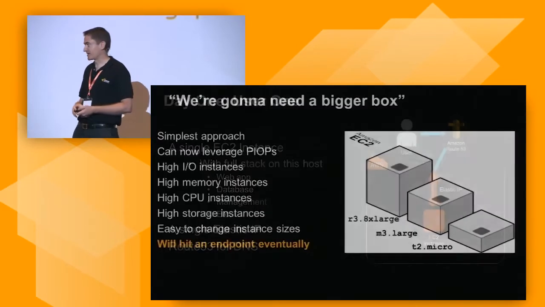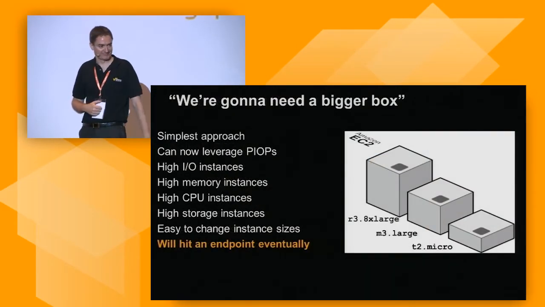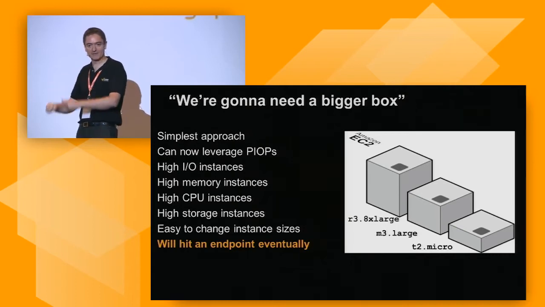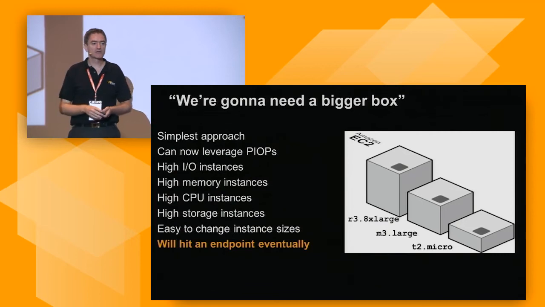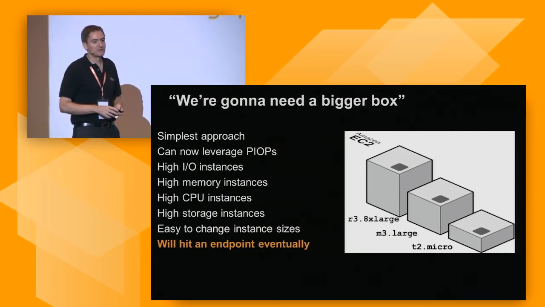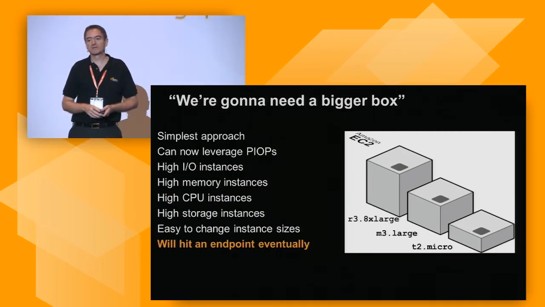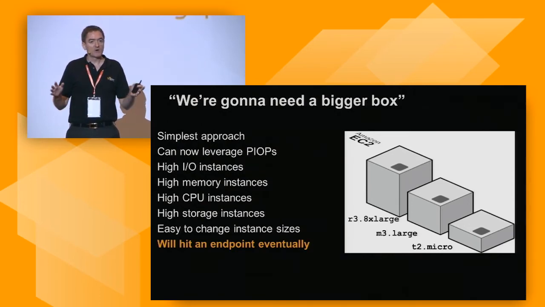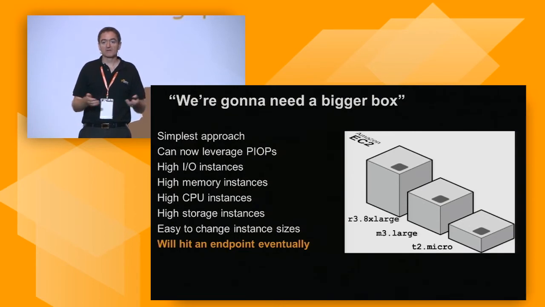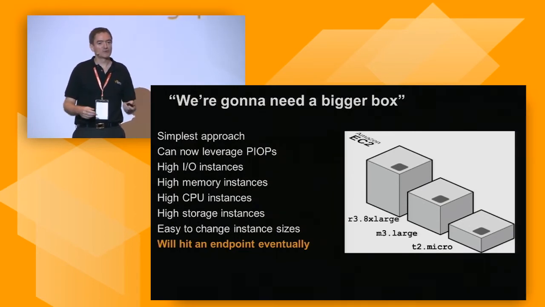Well, the first thing you say is, I'm going to need a bigger box, all right? And we've got plenty of bigger boxes, and we can go up quite a long way, something like an R3 8X large, where you've got 32 virtual CPUs, say around 256 gigs of RAM, and that's some pretty serious processing power. But you are going to hit a limit, and there is not going to be a bigger box until we get to the next stage.